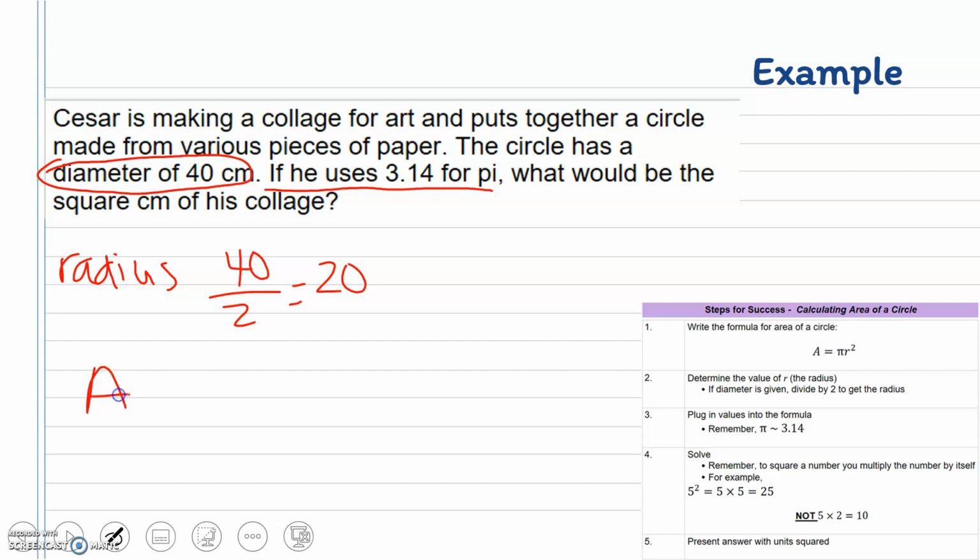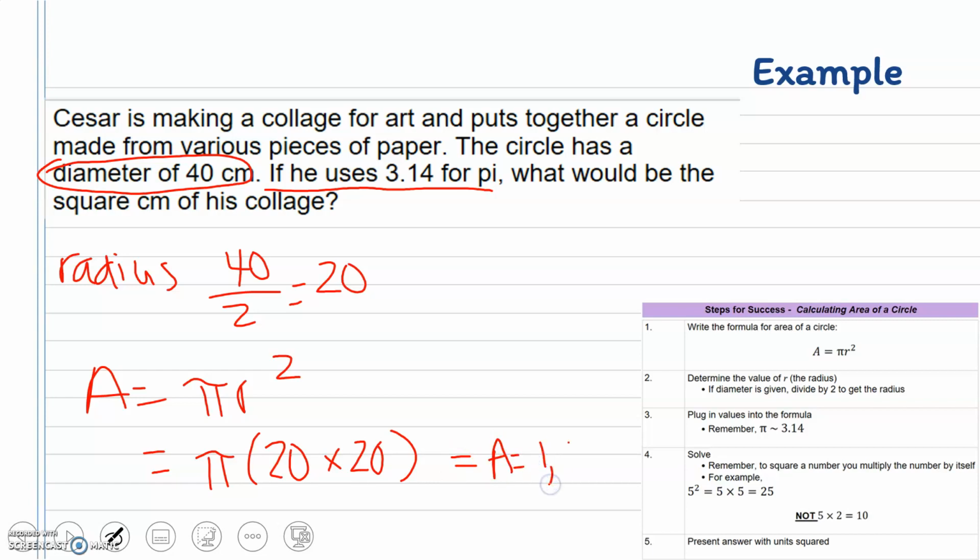So area equals pi radius squared. So pi, so 20 times 20, and multiply that by 3.14, so your area will equal 1,256.